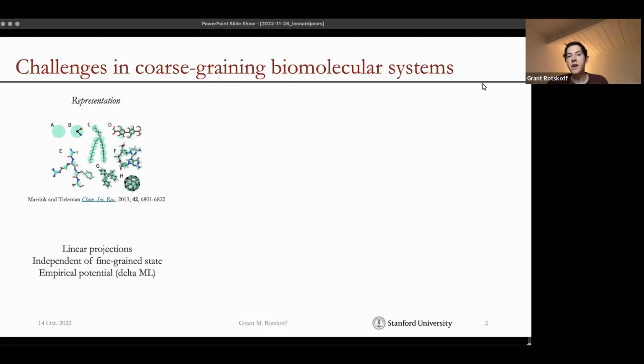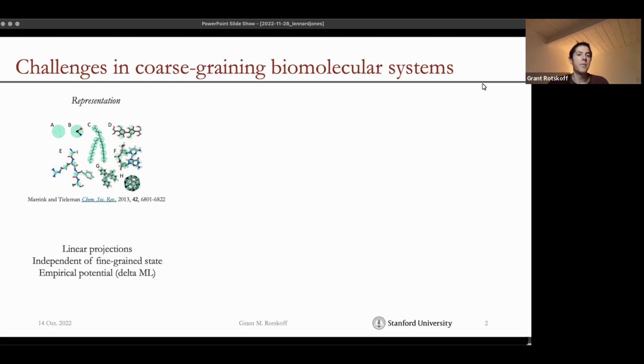However, coarse graining biomolecular systems is a very challenging prospect for a number of reasons. So, we can design around a particular physical problem and try to build a particular minimal model. But there are many systems, and I think lipid bilayers are perhaps the most indicative of these sorts of problems, for which we don't really know what the salient physical features are that will actually drive the dynamical and thermodynamic behavior that we're interested in much of the time.